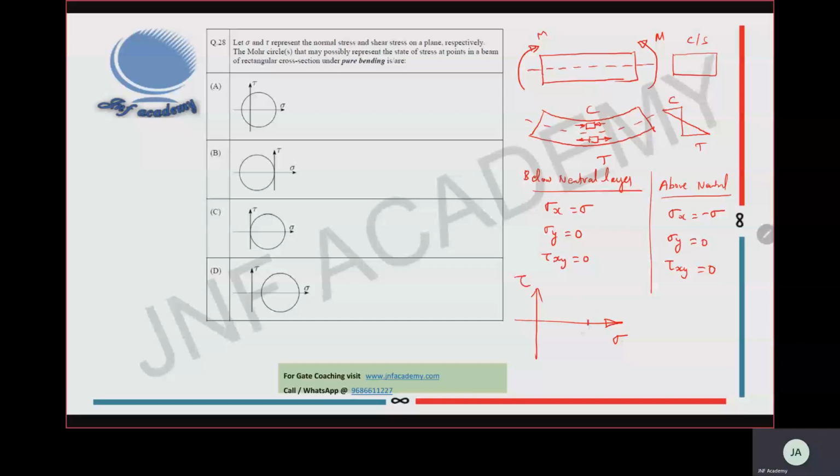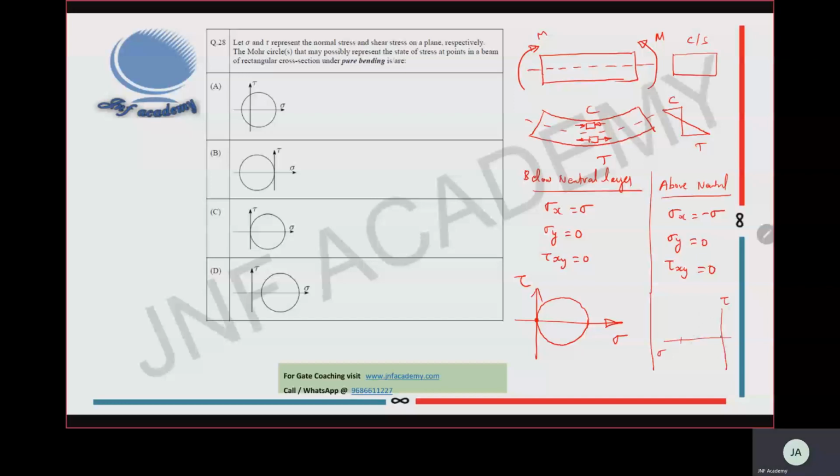Here I have the sigma value. So this value, sigma y, is 0. Now I can bisect this. Then I'll draw the Mohr circle like this. Then for above the neutral axis, we have a compressive stress. This is tau, this is sigma.